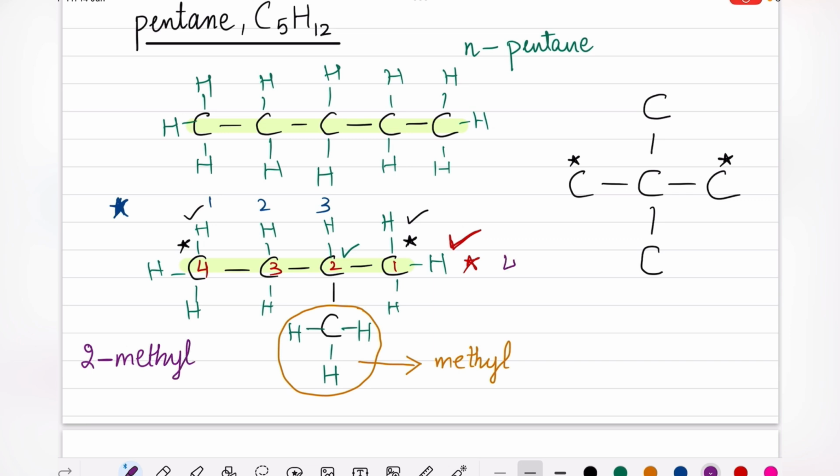There are 4 carbon atoms in the main chain, so it is a 4-carbon alkane. The main chain name is butane. 2-methylbutane is the name for the second isomer of pentane. Now look at the third structure. First I will complete its structure by making bonds with the hydrogen atoms.